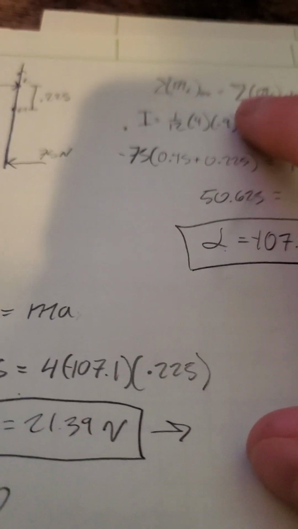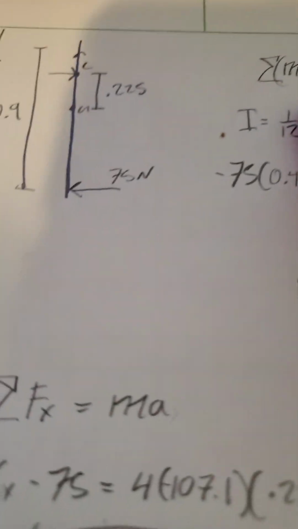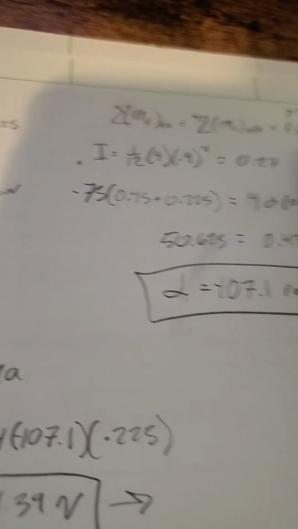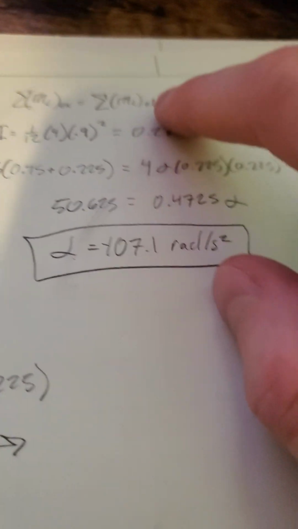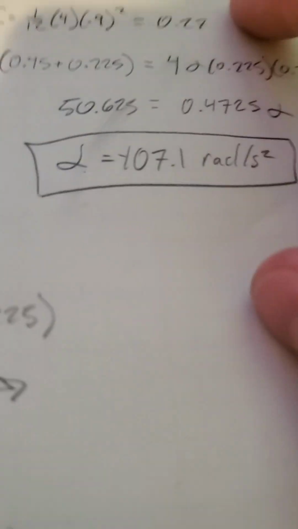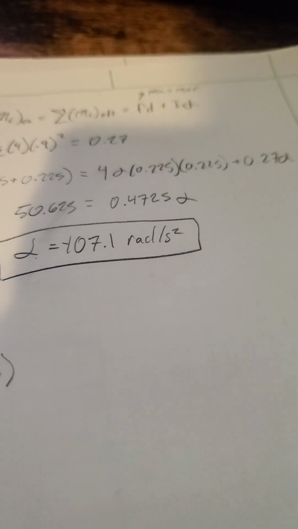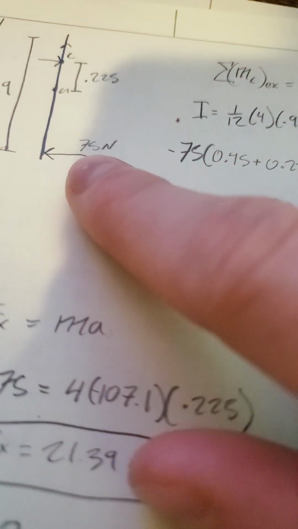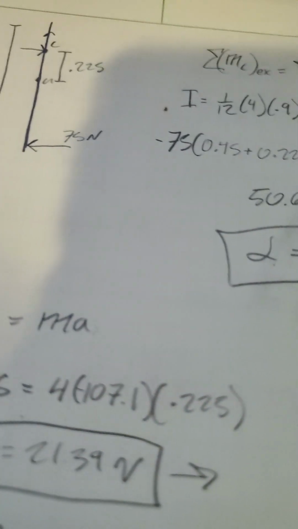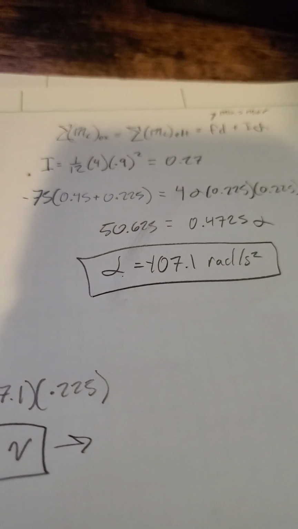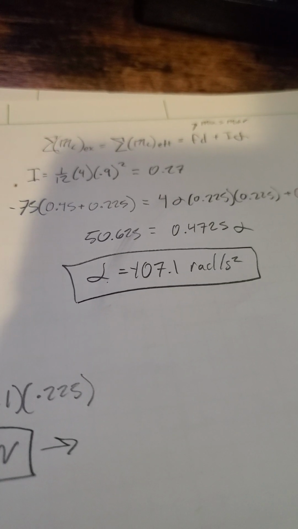So you can solve it by solving for the moments about C. And we know that the total moments affecting it are going to be the force times the distance, so whatever force is applied to it, which in this case is the 75 newtons, plus the mass moment of inertia times angular acceleration.